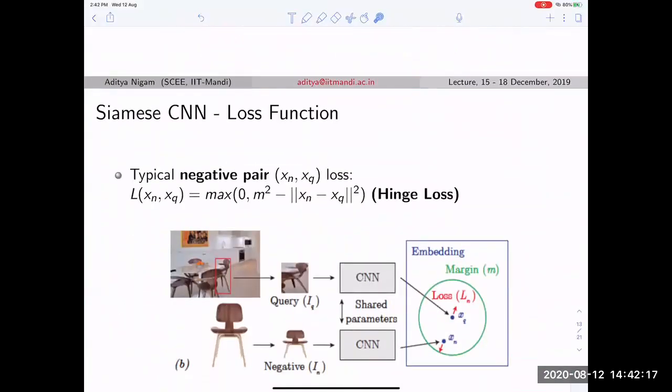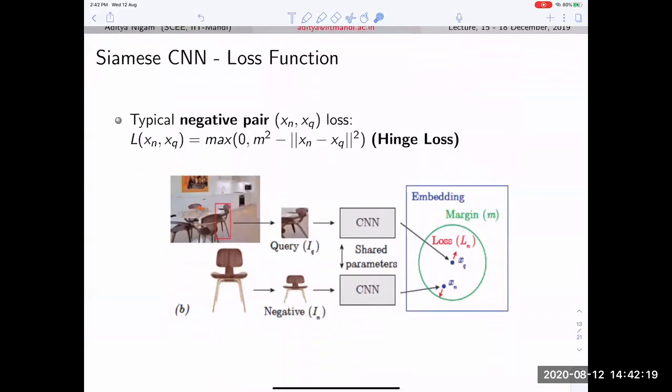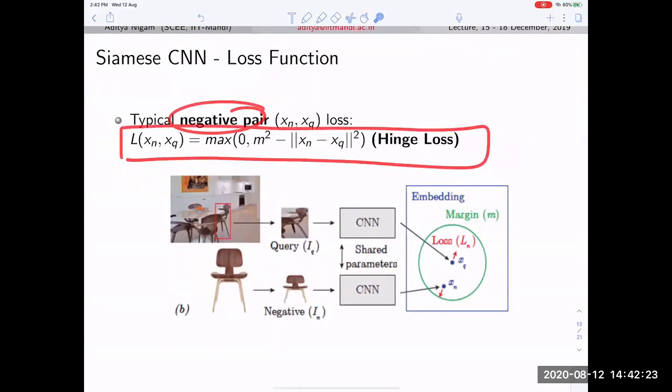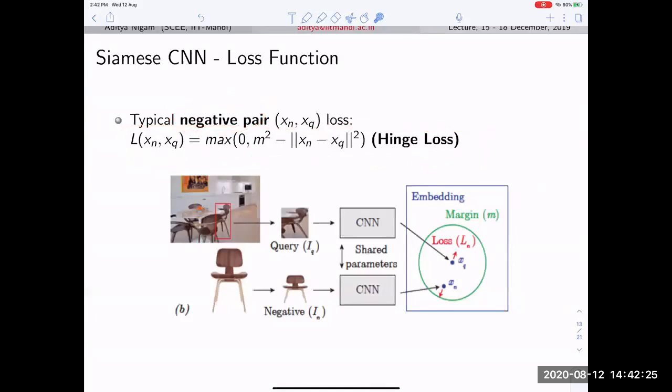Then what we are going to do, this is actually the negative pair, and for the negative pair, this is the hinge loss. Now let us understand what this hinge loss is. Is there anyone who wanted to talk about this hinge loss?